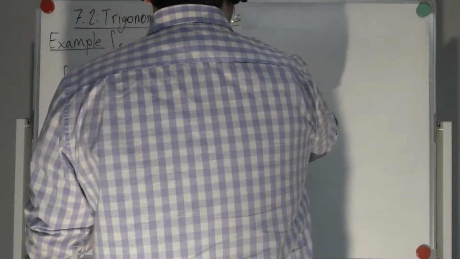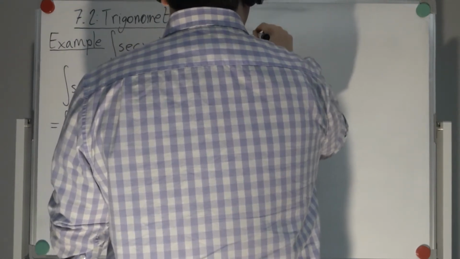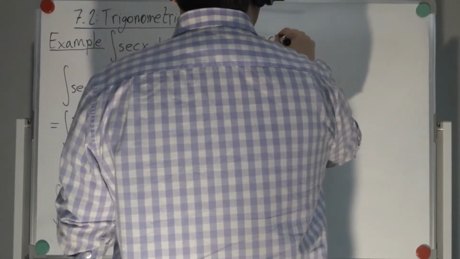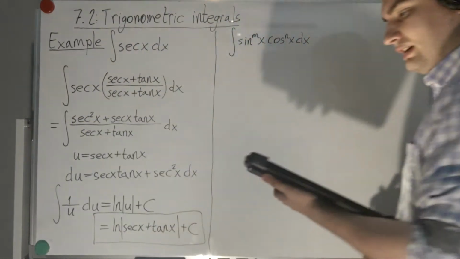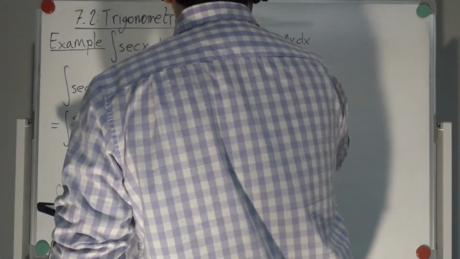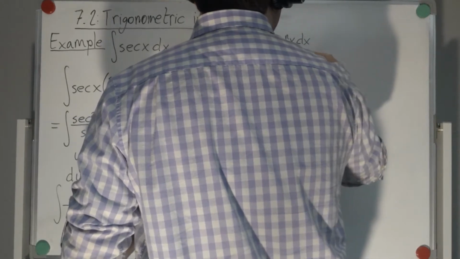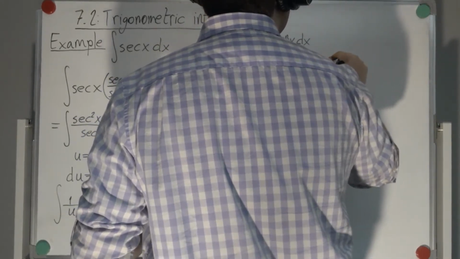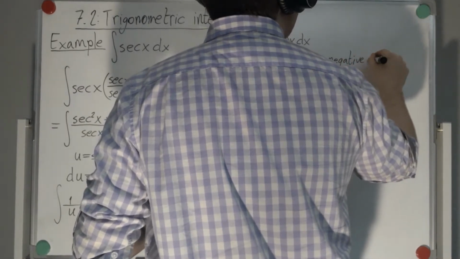So, let's suppose you were given an integral that looks like sine to the m of x times cosine to the n of x dx. And assuming here that m and n are non-negative integers.